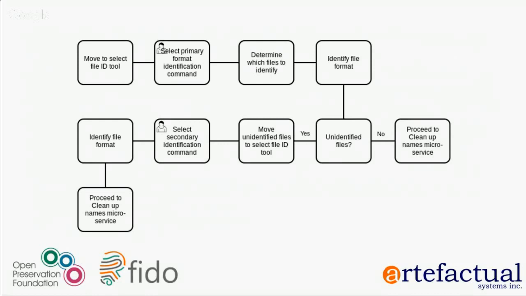So file format identification is one of the earlier microservices that Archivematica performs in its process, and then it moves on to things like characterization and validation and so on. So in this scenario, we proposed an additional link in this microservice chain link to deal with files that were not identified by the first identification command that we ran. So this raised a lot of questions, though.